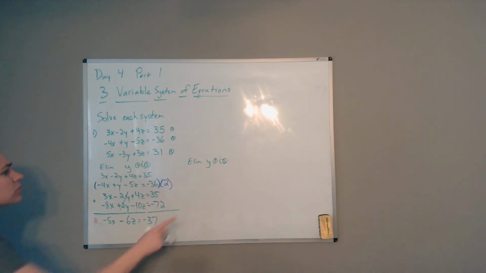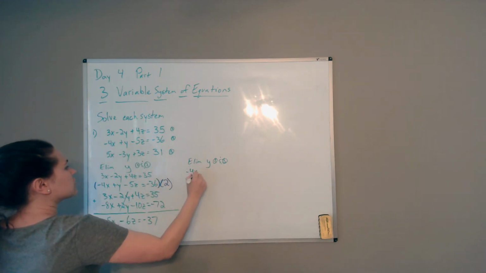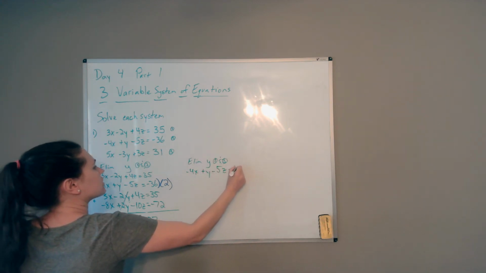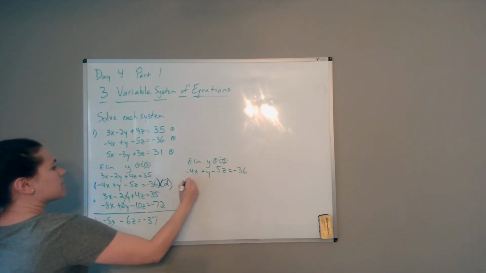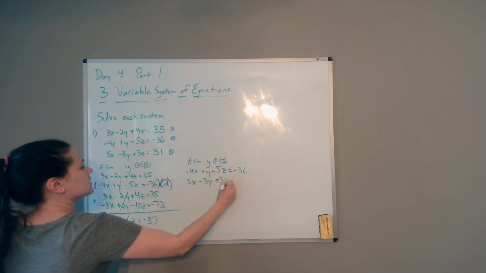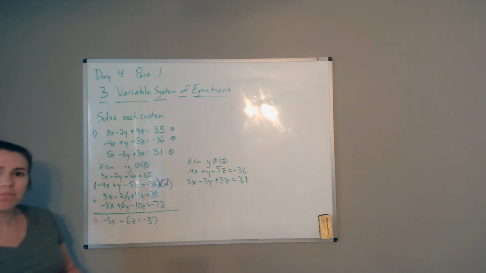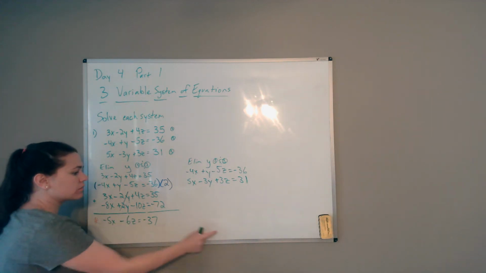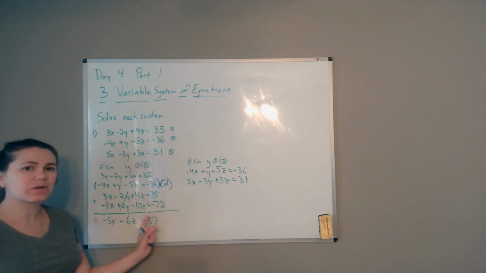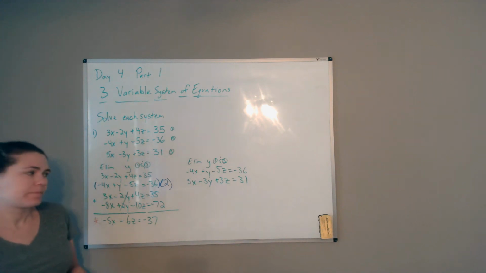And then equations 2 and 3, so negative 4x plus y minus 5z equals negative 36, 5x minus 3y plus 3z equals 31. And we have to eliminate y again because we want a two-variable, two-equation system. We only want to see x and z.